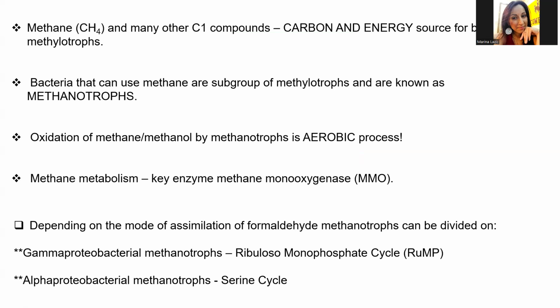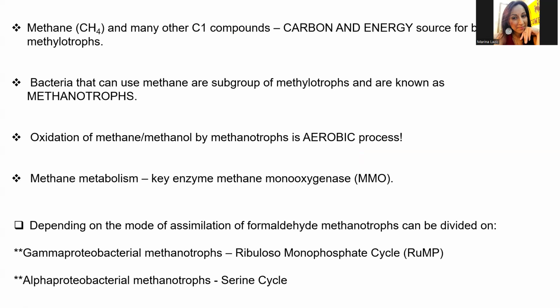When we talk about aliphatic hydrocarbons, we talk a lot about methane oxidizing bacteria. They use methane, which is an alkane, as a carbon and energy source. And this one is actually an aerobic process. Don't get confused.